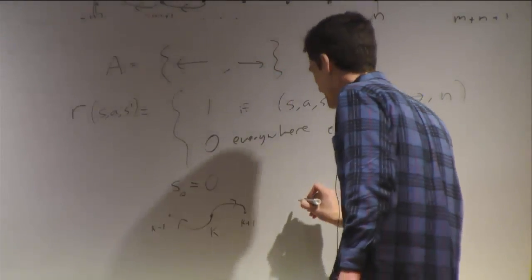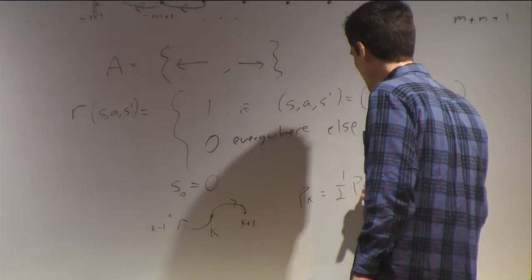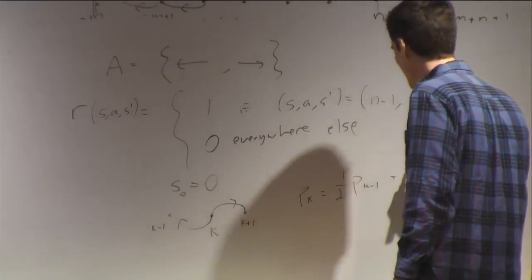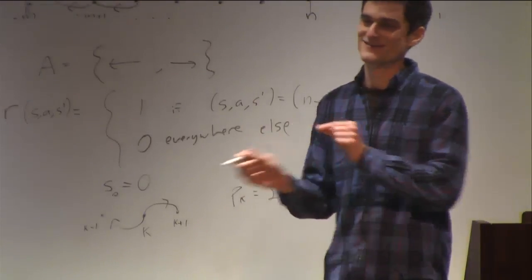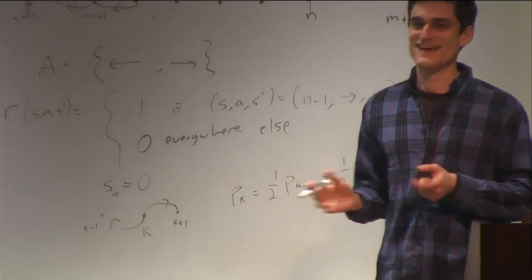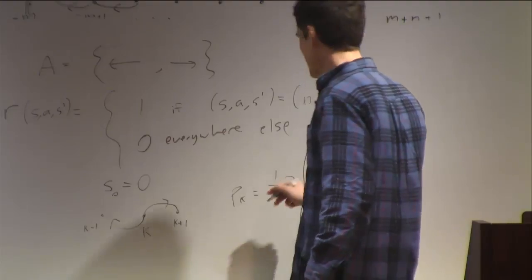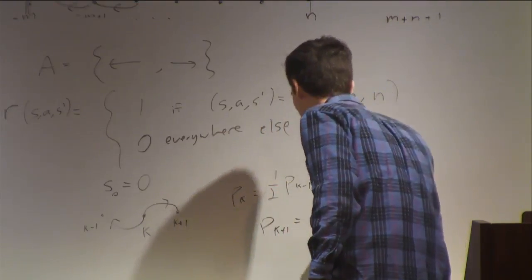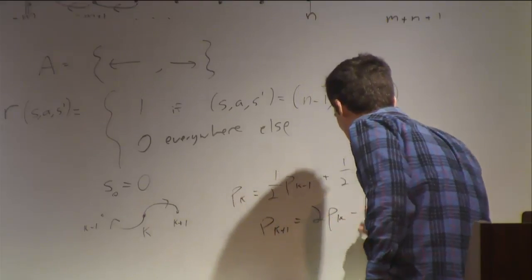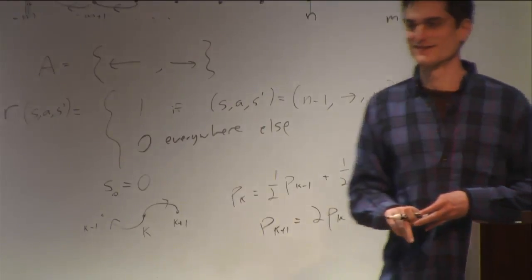So that means that the probability at state k is going to be 1/2 times the probability at k minus 1 plus 1/2 times the probability at k plus 1. So the value at any point is the average of the two neighbors. And that implies that the function is linear. Because you can turn it into a recursion where you just end up with p_{k+1} equals 2p_k minus p_{k-1}. So you end up getting that it has to be a linear function.